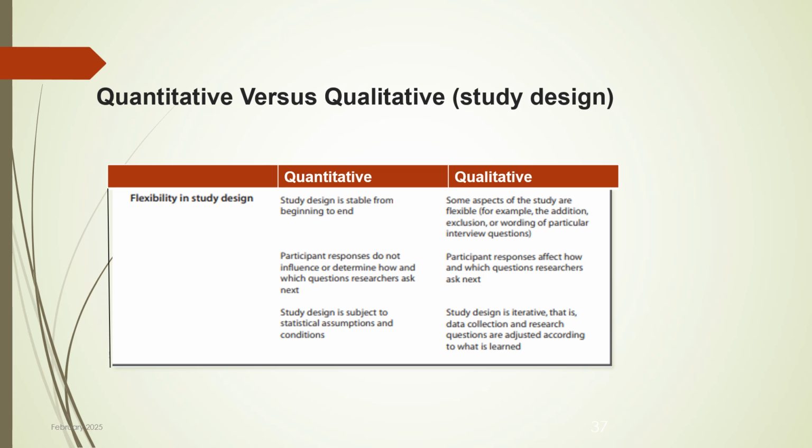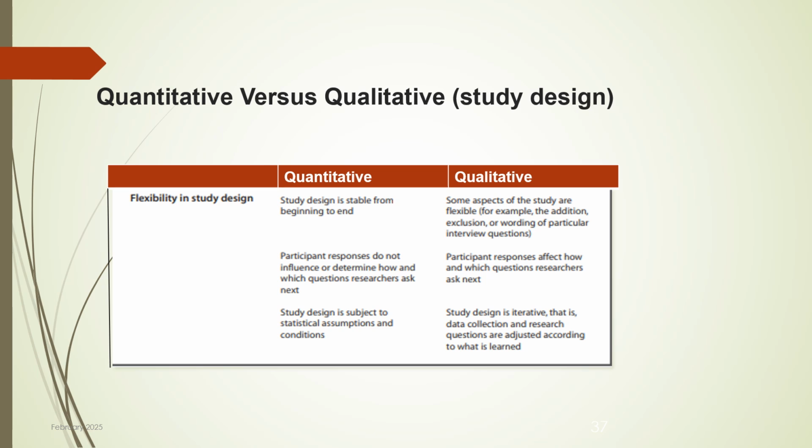So sometimes while you are doing an interview with your participants, you think it's worth adding some questions to the interview guide to elicit particular responses from the participants regarding an important issue related to the research questions. So you are going to add some questions. This is something emergent or flexible, which is different from quantitative research.